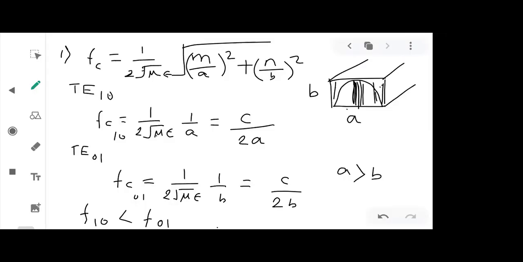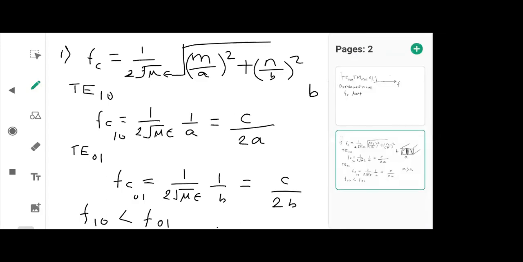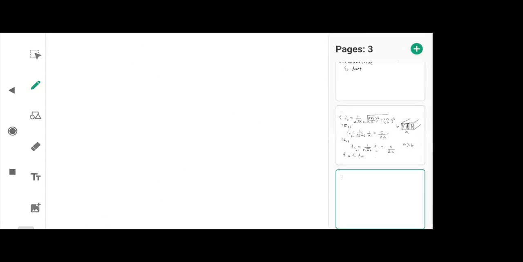Okay, we will move ahead to the second formula. The earlier one was the cutoff frequency. Next is beta inside the waveguide. We know that beta is represented as omega root of mu epsilon.